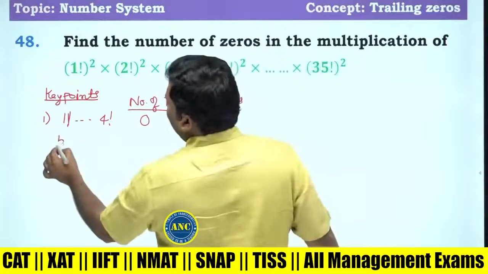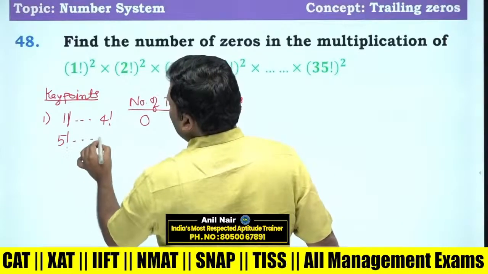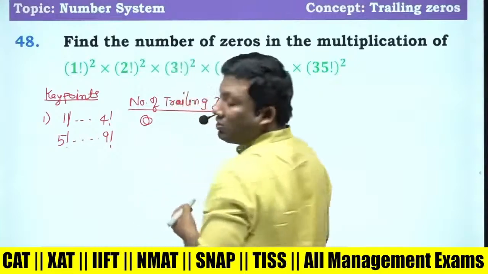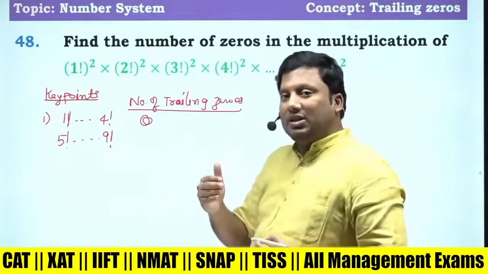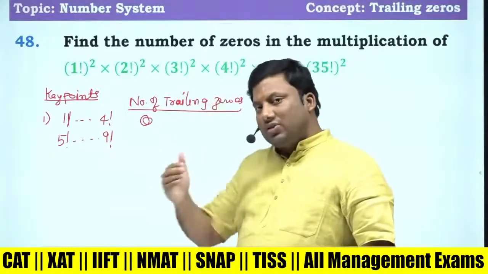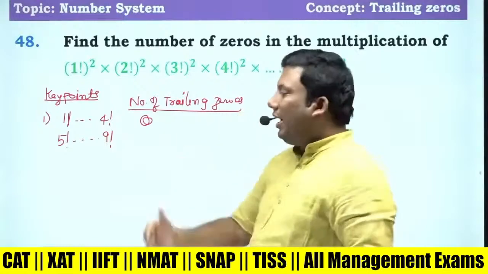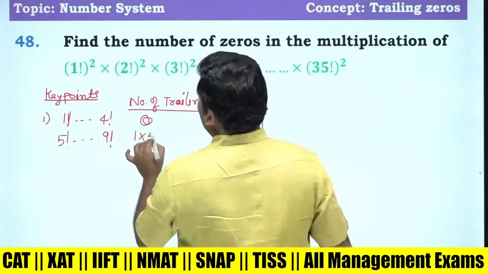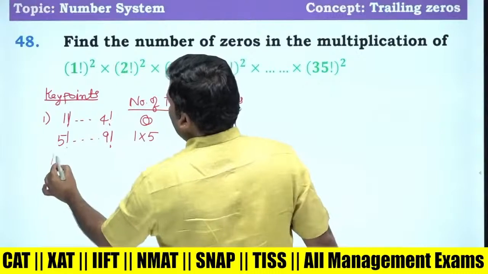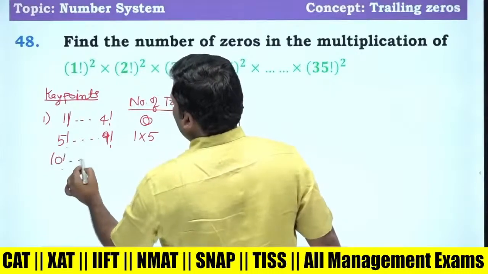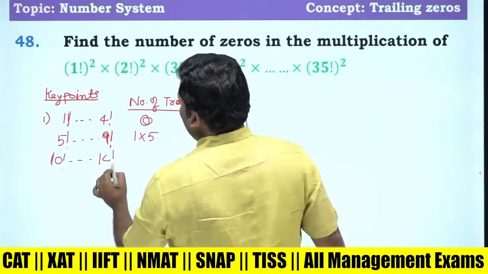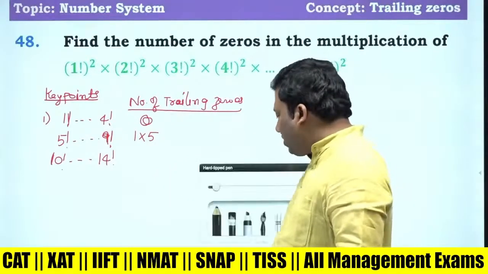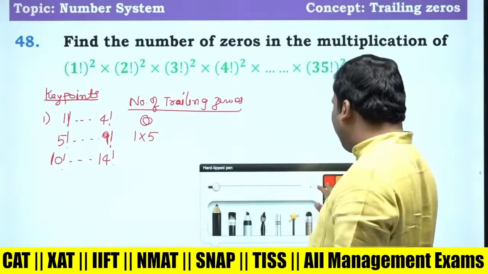Similarly, from 5 factorial till 9 factorial, the number of trailing zeros will be 1. The same holds for 5 factorial, 6 factorial, 7 factorial, 8 factorial, 9 factorial. So 1 into 5. Similarly, from 10 factorial till 14 factorial, whatever the number of zeros at 10 factorial, the same will be there till 14 factorial.